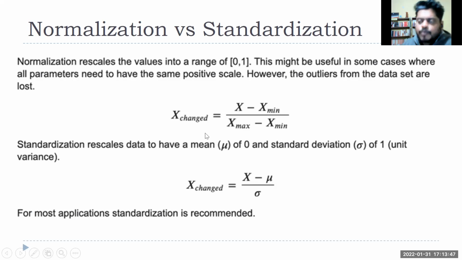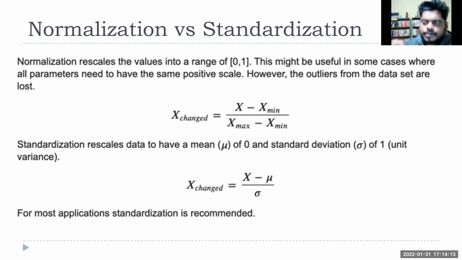Here, for each variable, let's say I have income data. Each one of you has told your family income. So rather than just mentioning X, for each of the income data I'm changing it. Let's say X minimum is 2,50,000 and X maximum is 17,50,000. Now let's say the income is 5 lakhs.